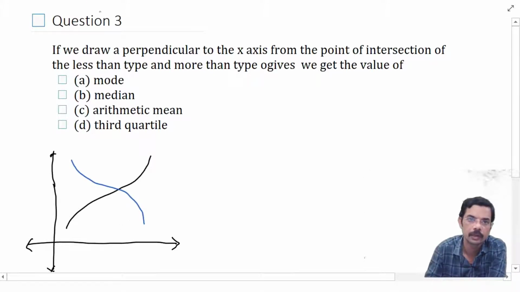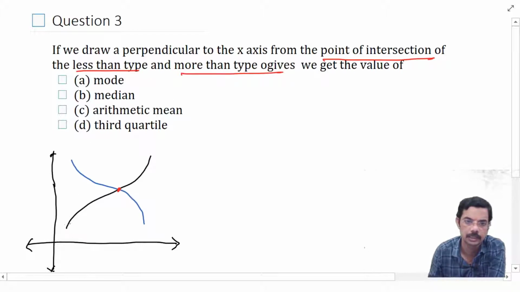The point where they both meet is the point of intersection of the less than type and the more than type ogives.